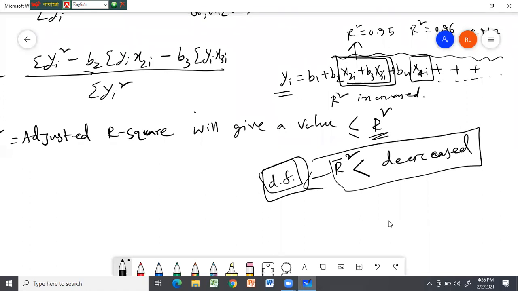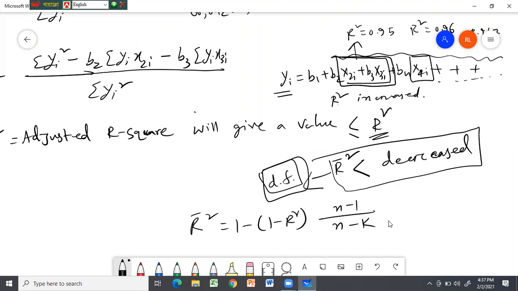R square calculation এ degrees of freedom টা নেওয়া হয় না, কিন্তু adjusted R square calculation এ the formula of adjusted R square is equal to 1 minus unadjusted R square multiplied with n minus 1 divided by n minus k.